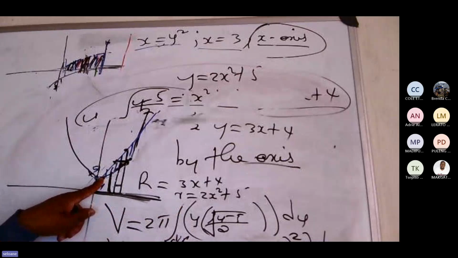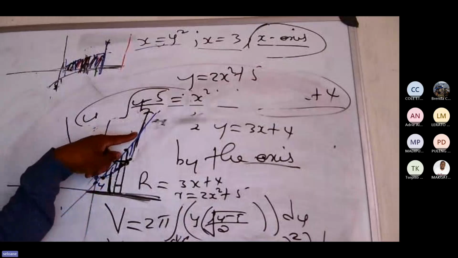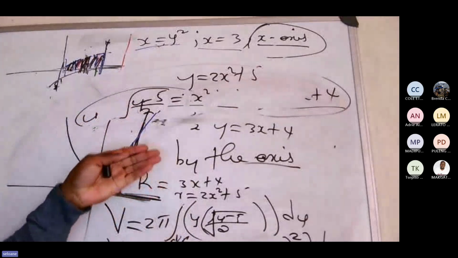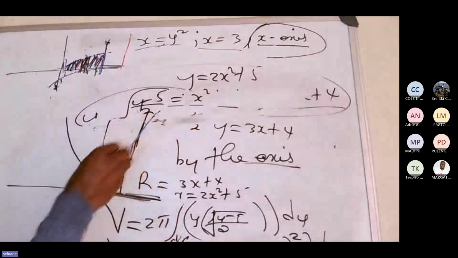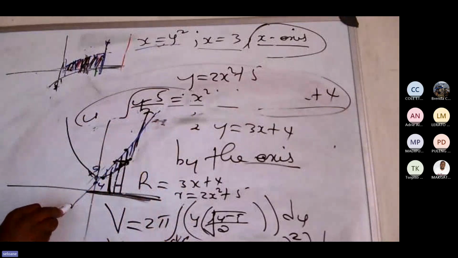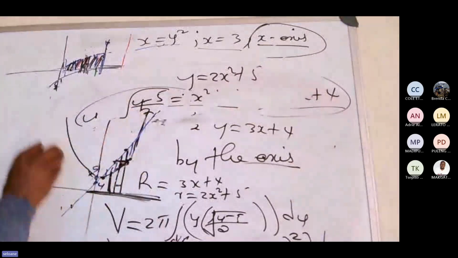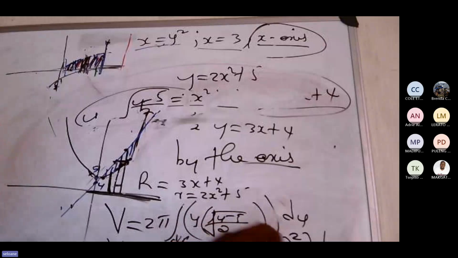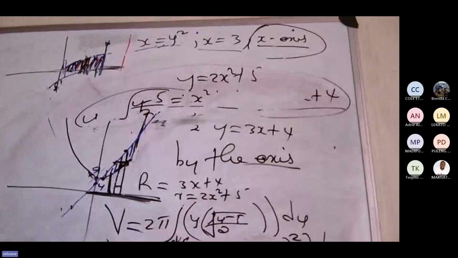You come and plug it here. X here is 1. What is y? You come and plug it in here. Remember, to find y, you can use this straight line, which is y equal to 3x plus 4, or you can use this one, which is y equal to 2x squared plus 5. Then from there, you compare these two and say which one will be simple.